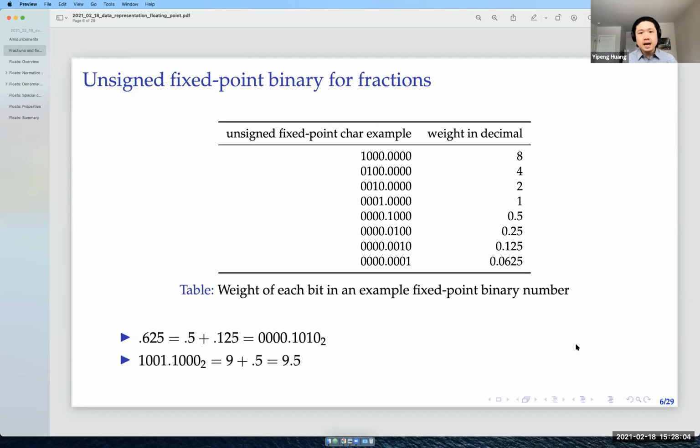And this again is just a recap. So this is how we would represent that in binary numbers. Each of the bits here corresponds to some weight.